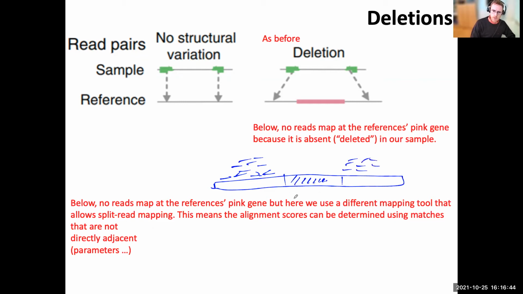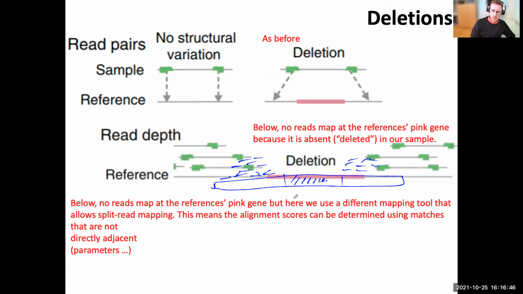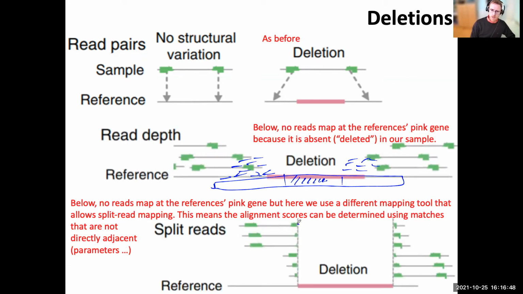However, if we use split read mapping, we can sometimes override this by mapping across the boundary. So it's going to do de novo assembly without the deletion to see where the other end of the read maps best.